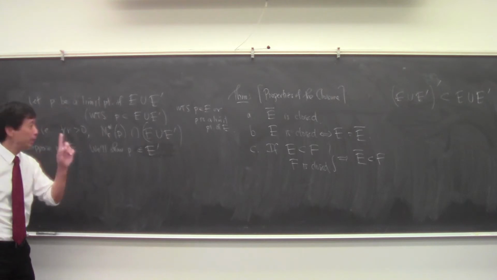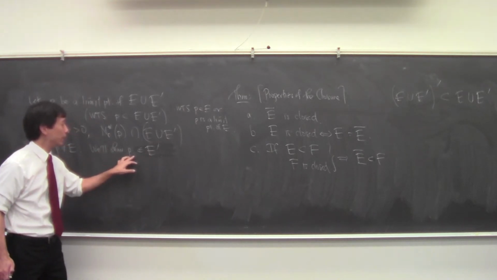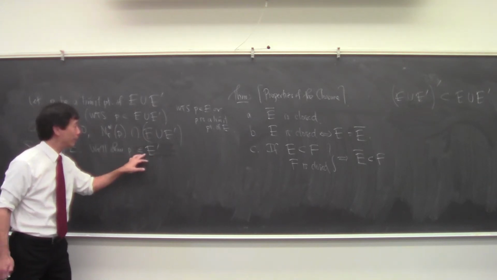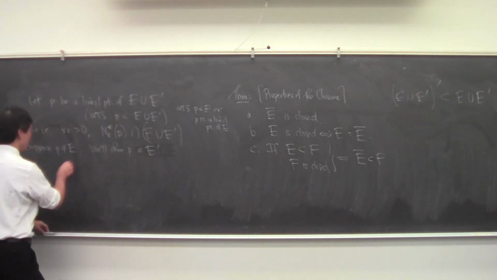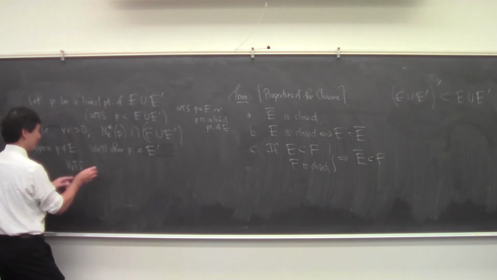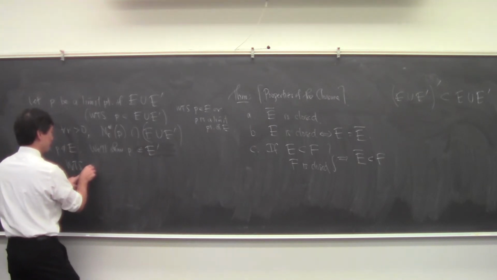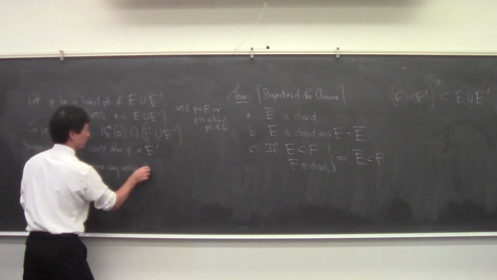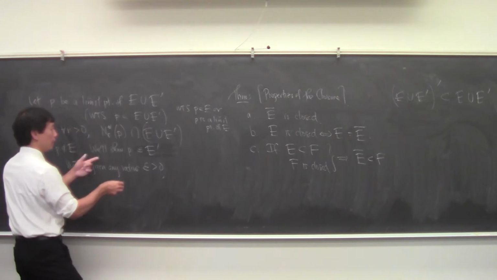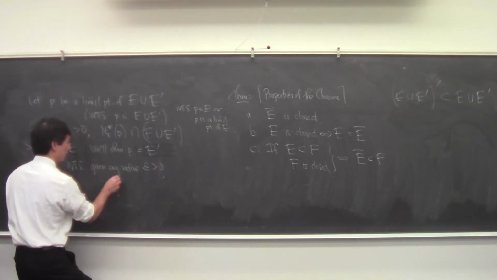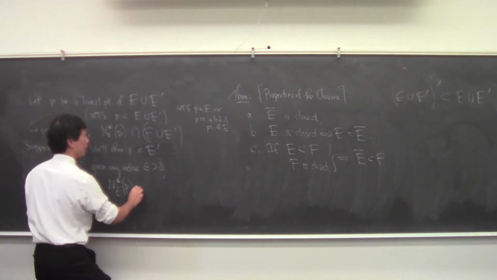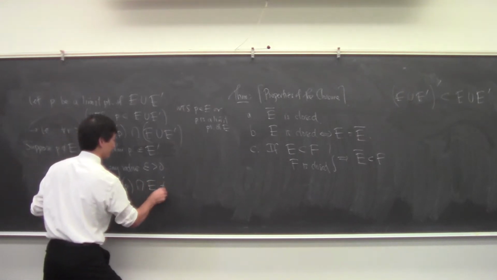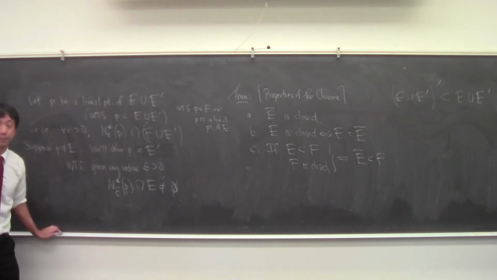We need to show that in every punctured neighborhood of P, there's somebody from E in there. Sorry to be so pedantic, but we want to show that given any radius epsilon, the punctured epsilon neighborhood actually intersects E.